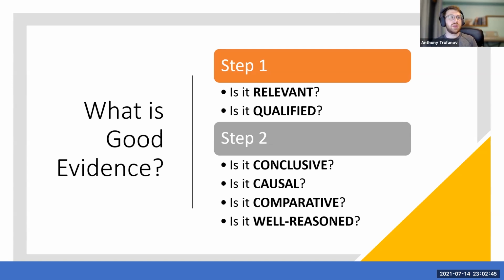Social media causes good things for democracy, or social media causes bad things for democracy, or maybe a policy change causes something good or bad. And if the evidence is describing a causal relationship, X causes Y, that'll be better than evidence that is just describing something that's happening.